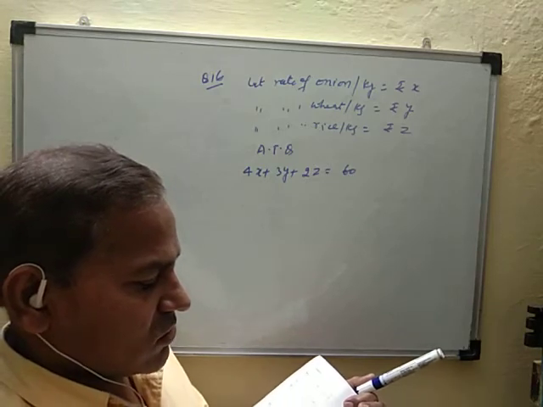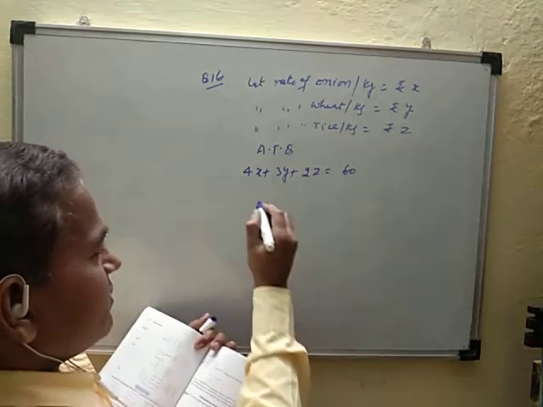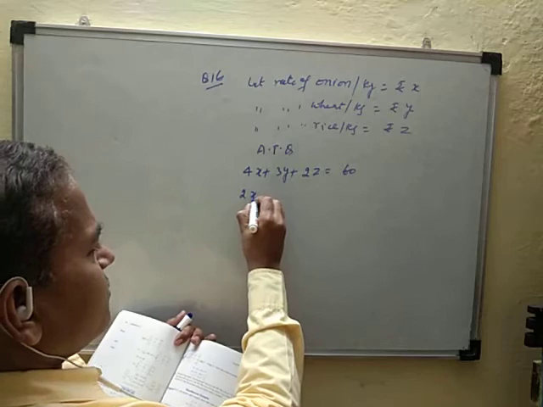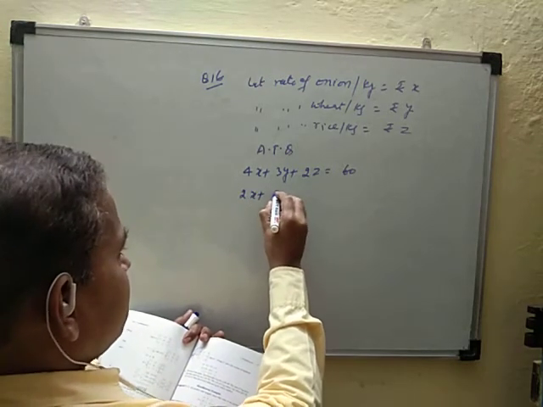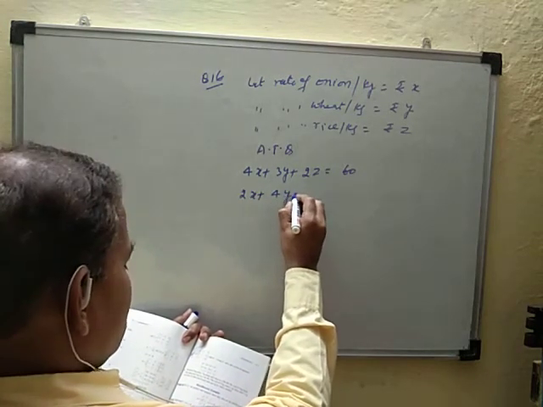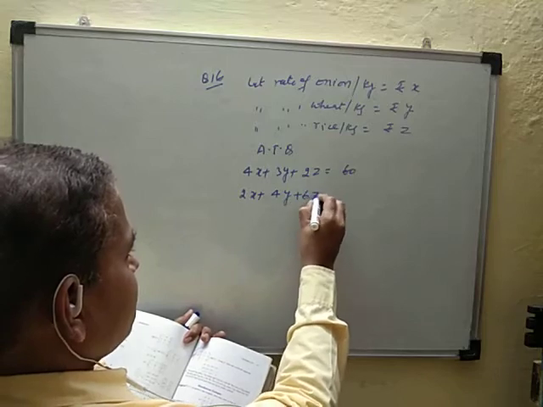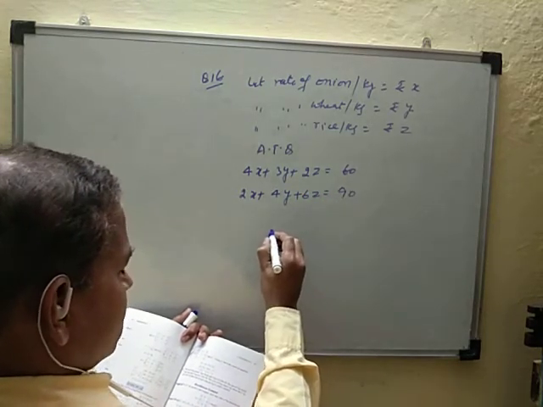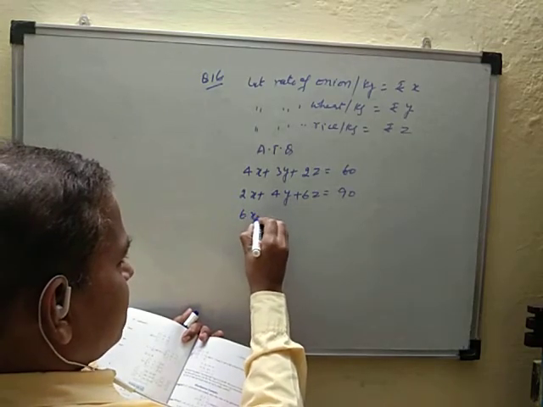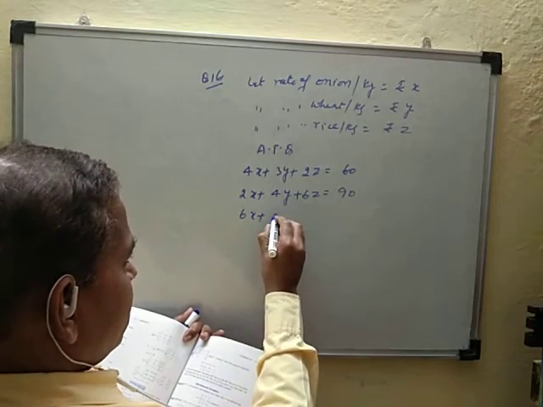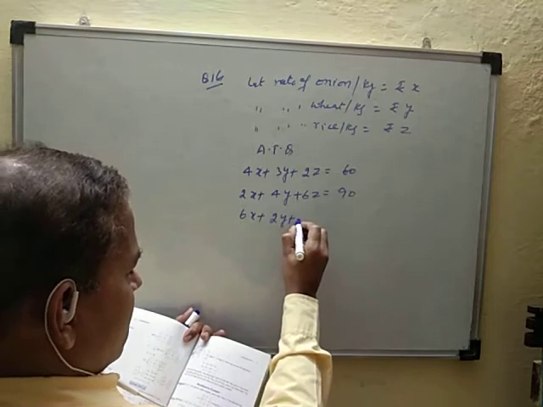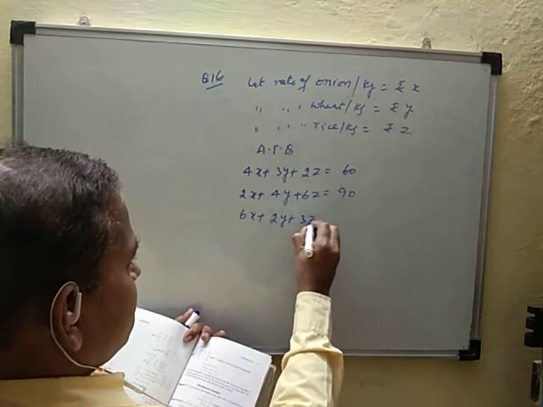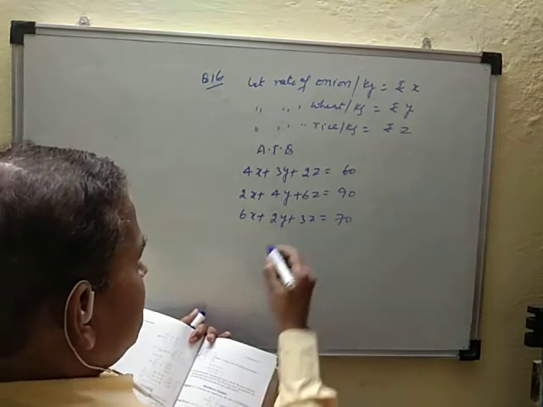Second, the cost of 2 kg onion is 2x, 4 kg wheat is 4y, and 6 kg rice is 6z, equal to rupees 90. And third, 6 kg onion is 6x, 2 kg wheat is 2y, and 3 kg rice is 3z, equal to rupees 70.